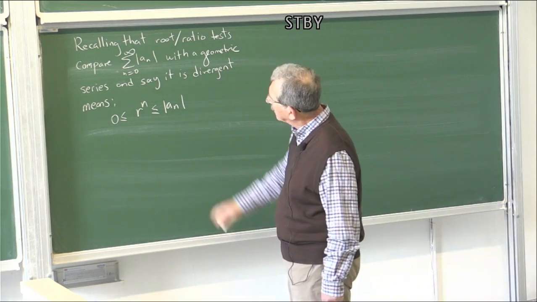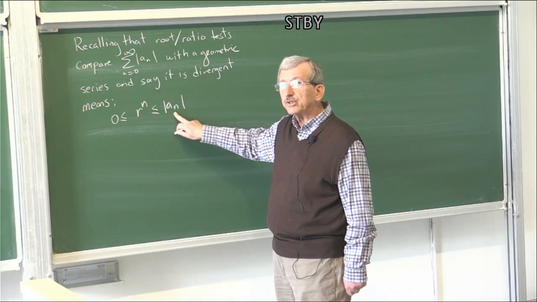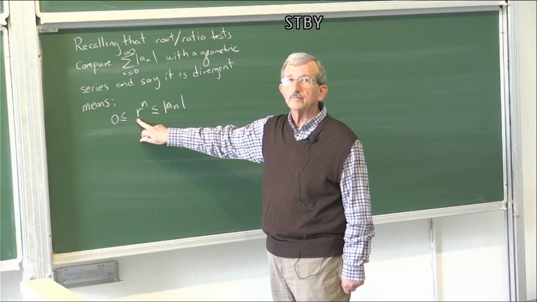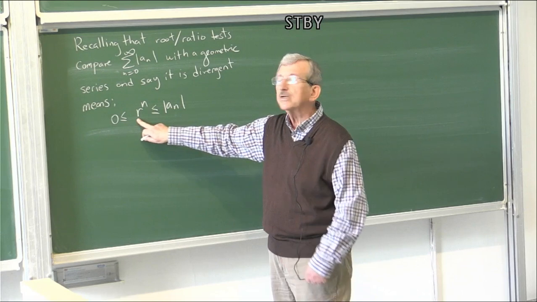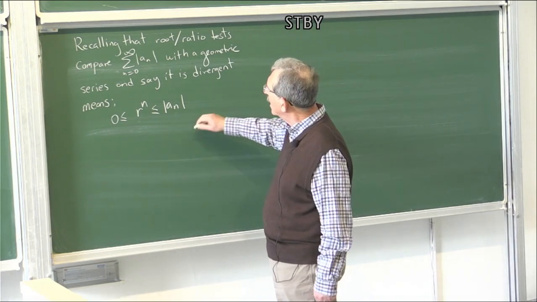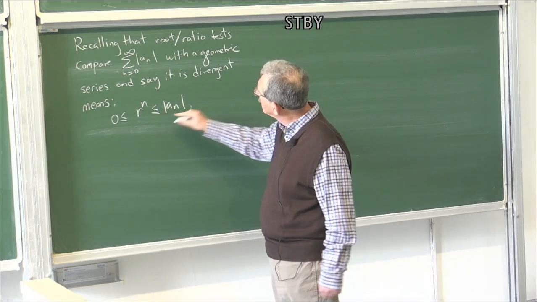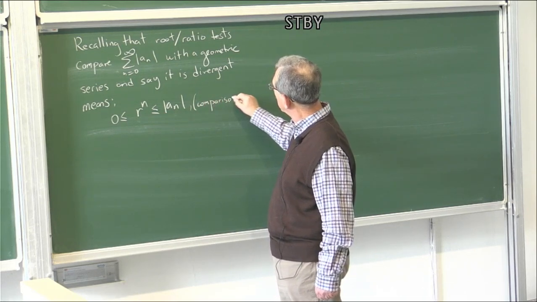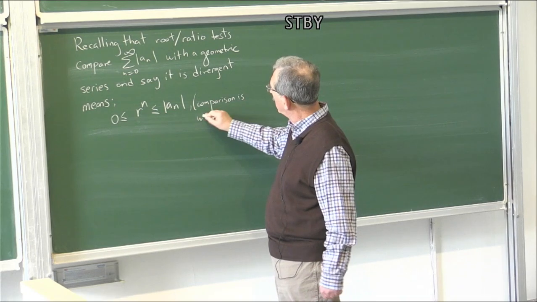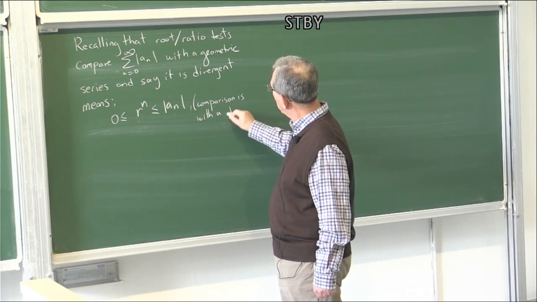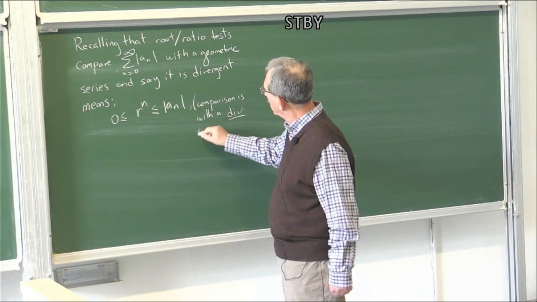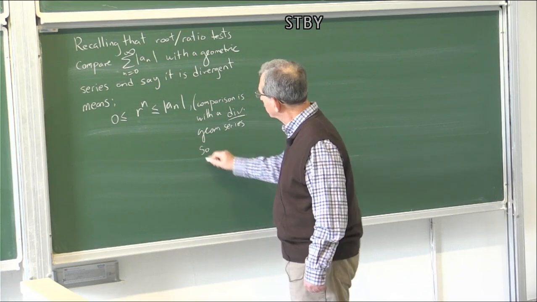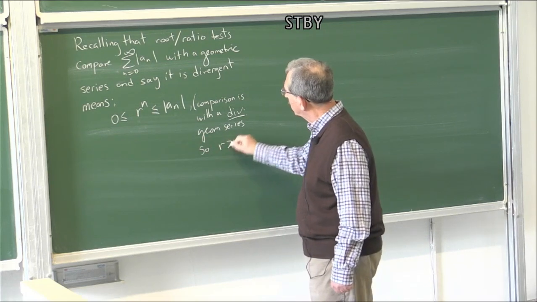And to say this one is divergent, we must have the geometric series divergent, if that comparison works. So here, comparison is done. So it says that r is bigger than 1.